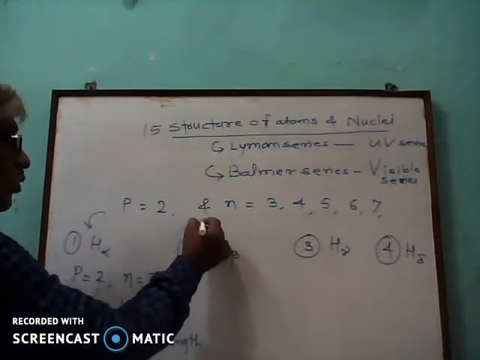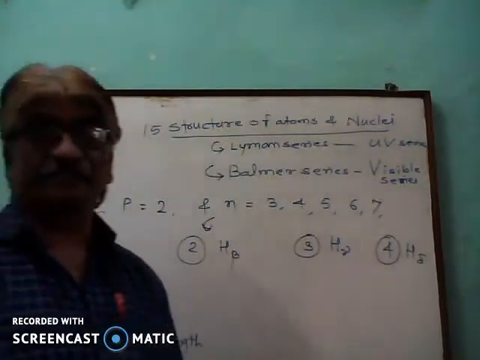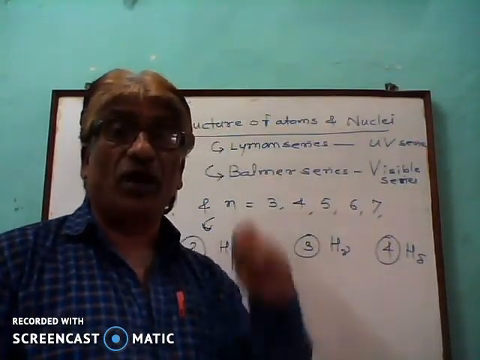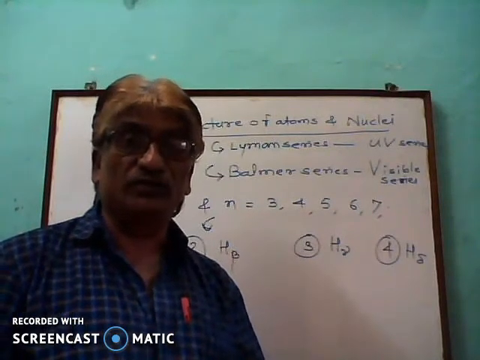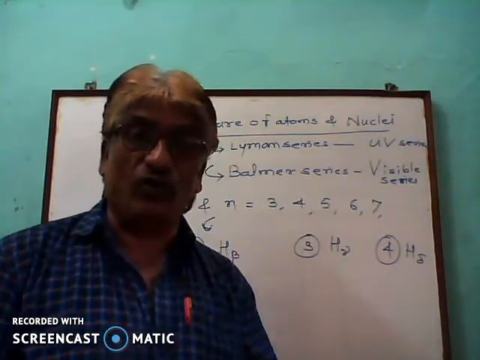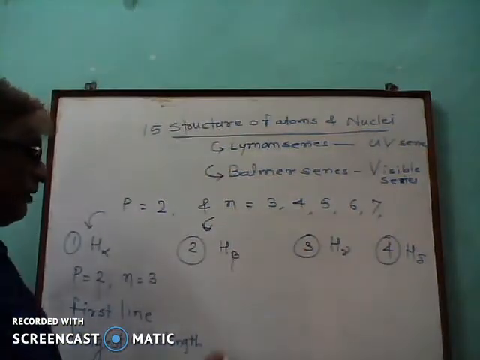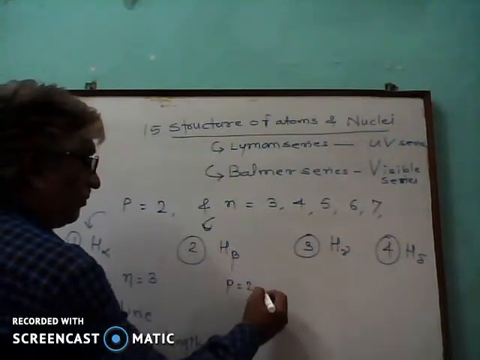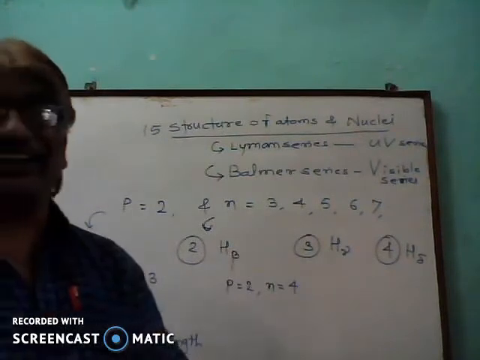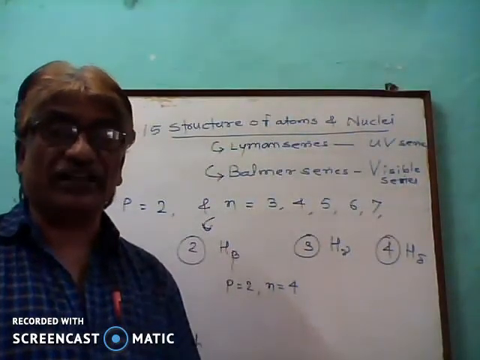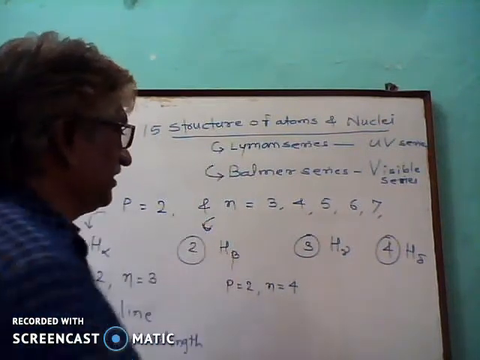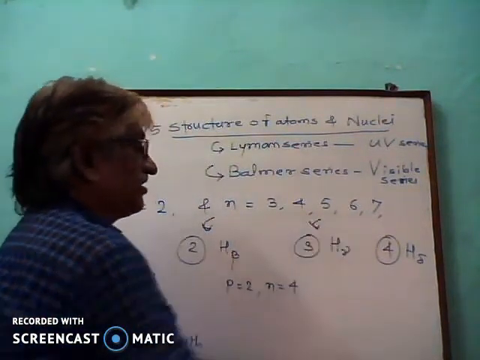Second, we see what is meant by the H beta line. In the H beta line, the electron jumps from the outer orbit, the second line, meaning N equal to 4, to the second inner orbit, meaning P equal to 2 and N equal to 4. The line is called the second line in the Balmer series, also called the H beta line. The third line is the H gamma line.